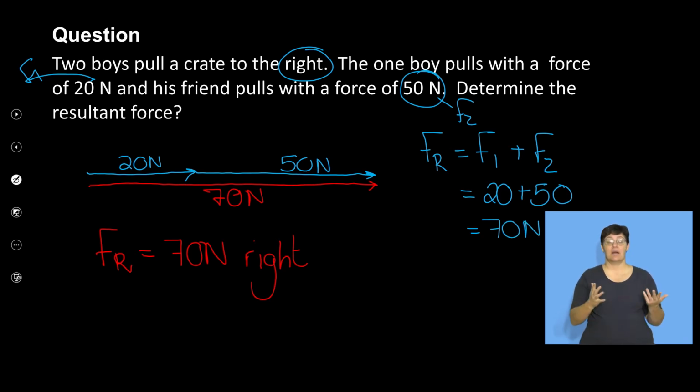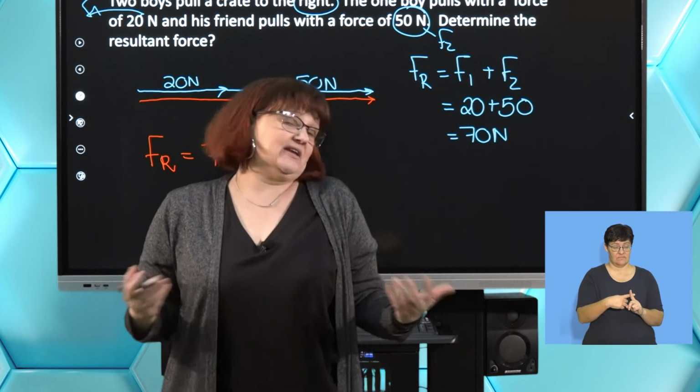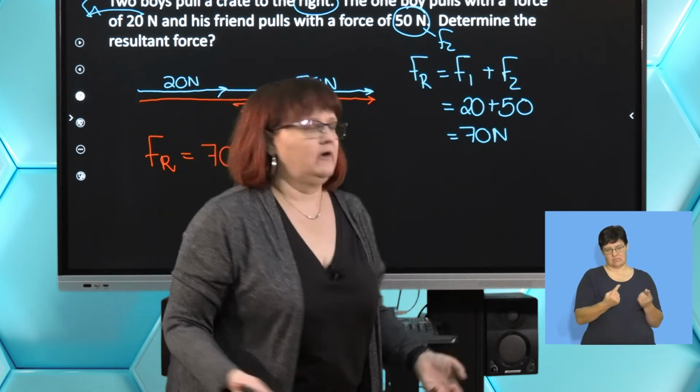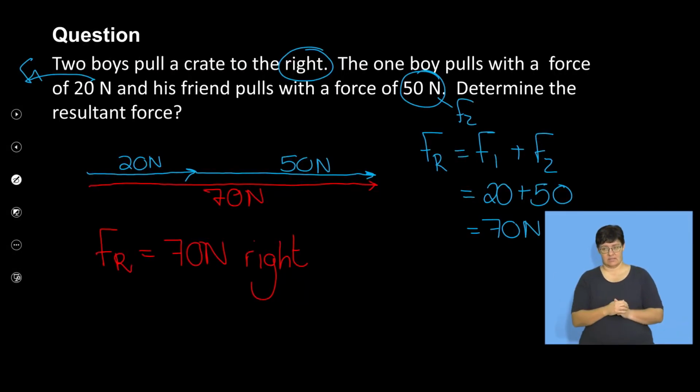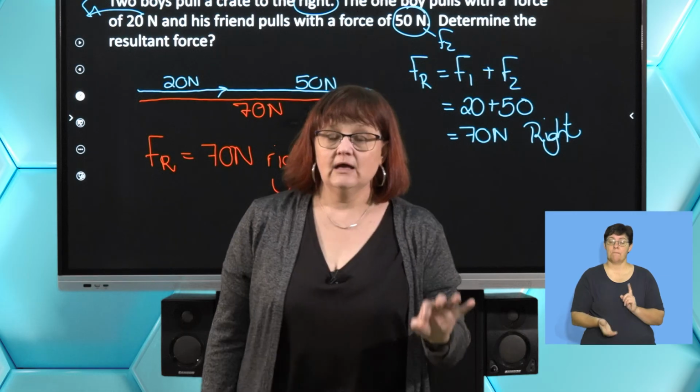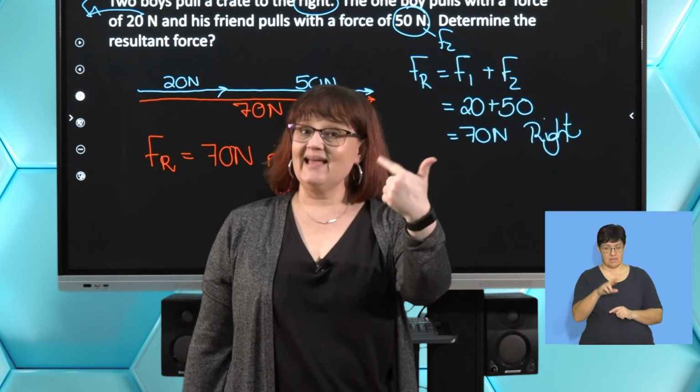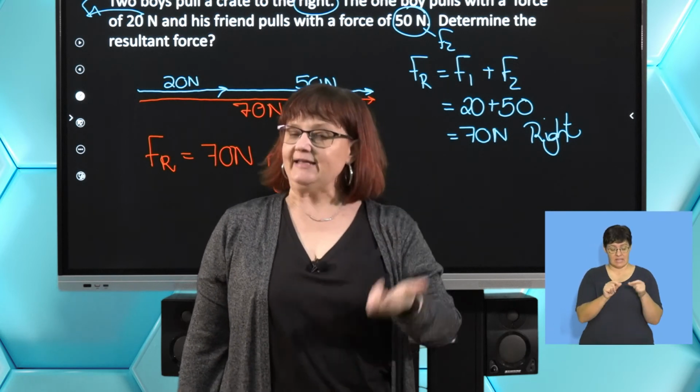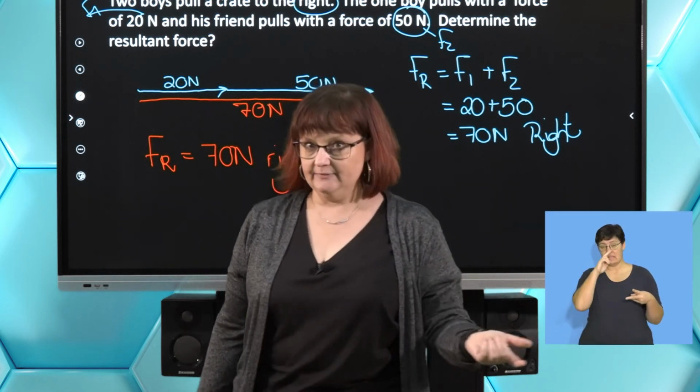And it's positive, not that I could get a negative. It all went to the right. I still need to say to the right. I'm finding a vector. A vector must have size and direction. I need to know where it's going. Good.